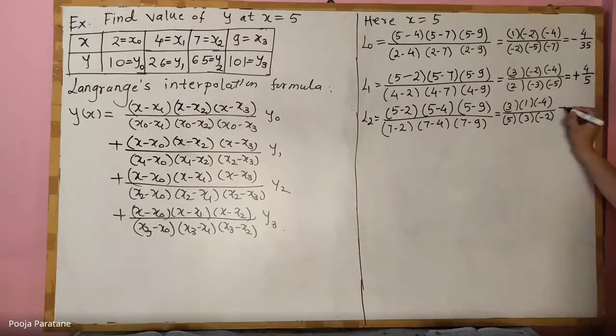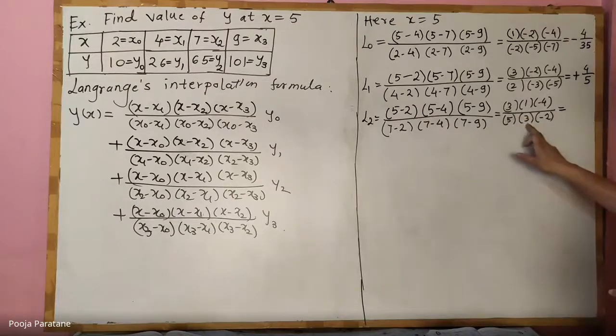So what will be the answer? Here 2 upon 5. Look here, 3 will get cancelled.